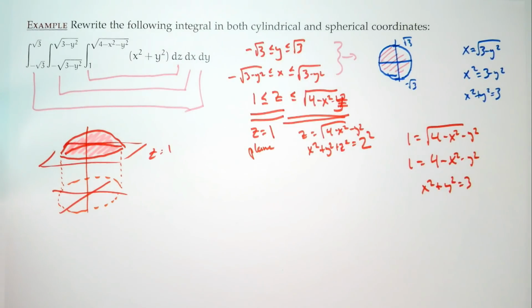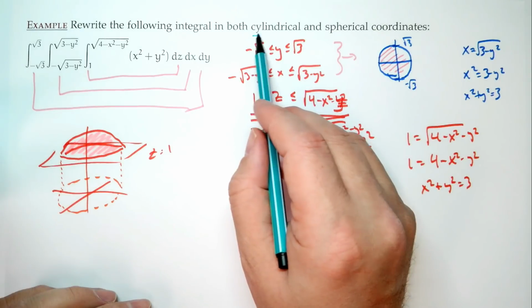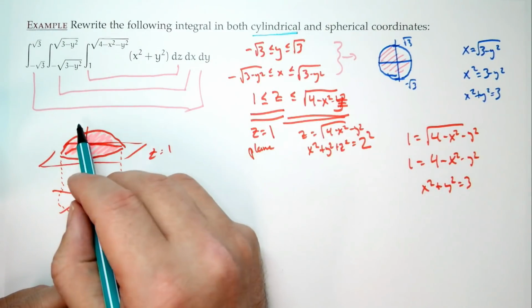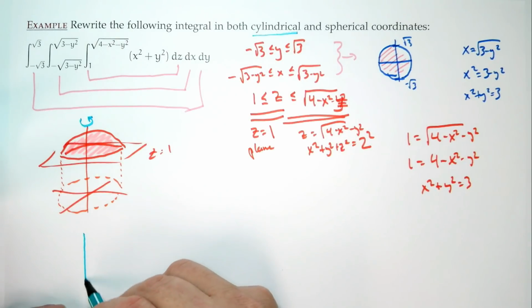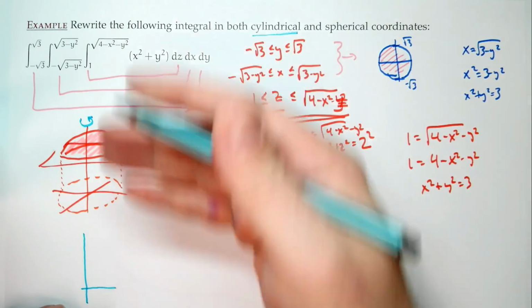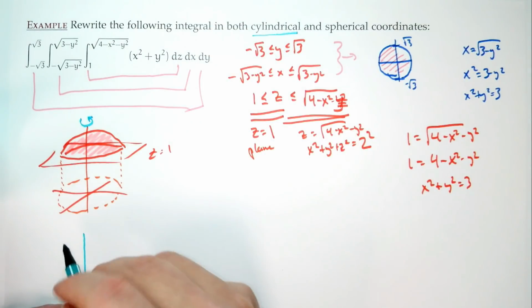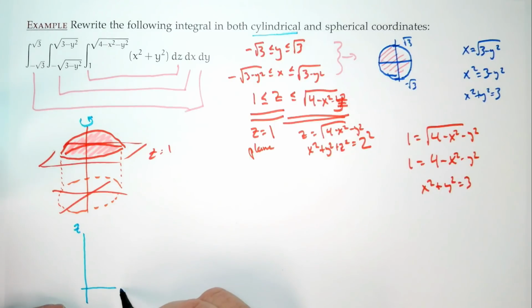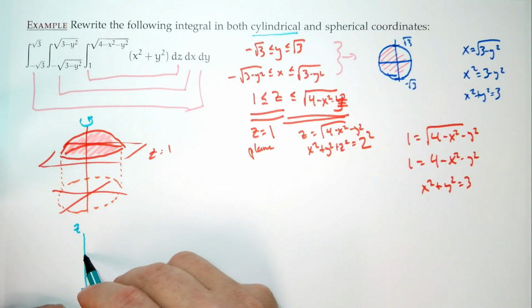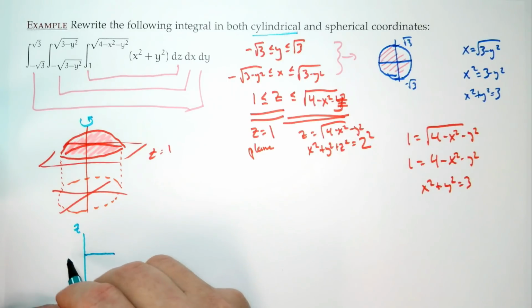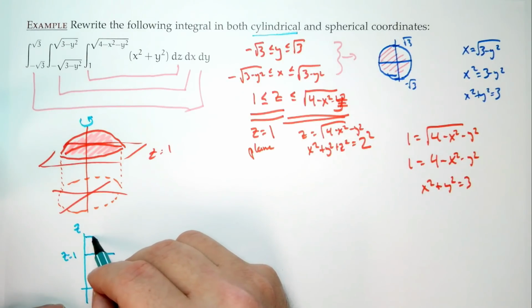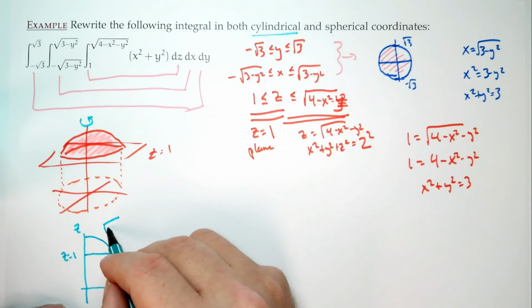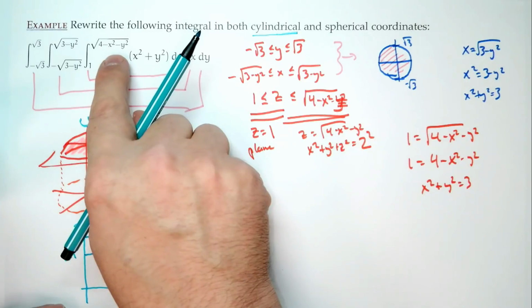We've now got to do this in our two new coordinate systems. Let's start with cylindrical. Cylindrical just means we're going to focus on our rotational shape, so it's helpful to look at a cross-section. We slice, we pick a direction, and when we have this rotational symmetry, we think of Z and R. We have z equals 1, a line up here, and then this upper part, which is the square root of 4 minus x squared minus y squared.